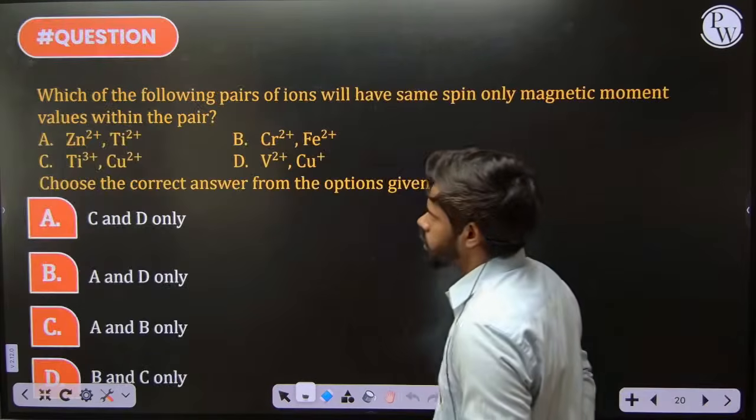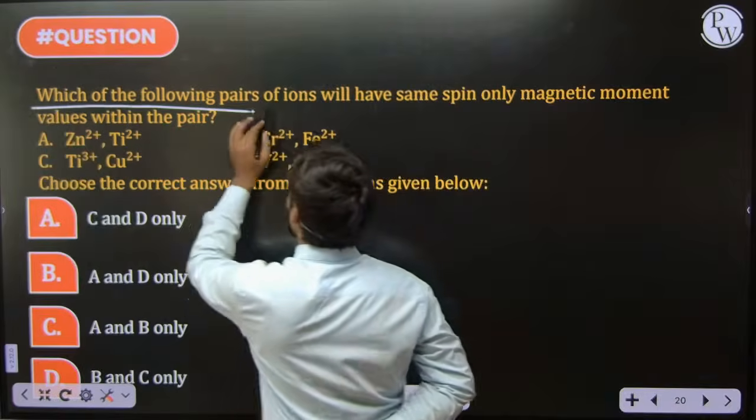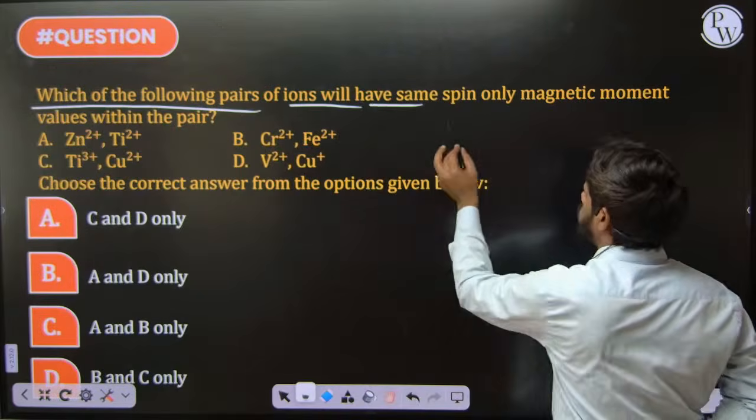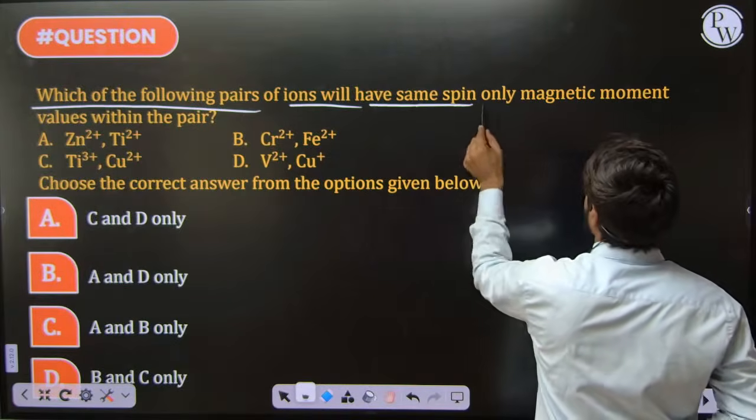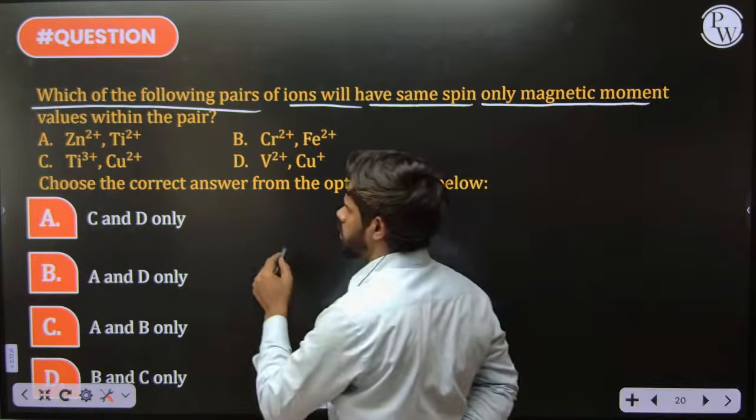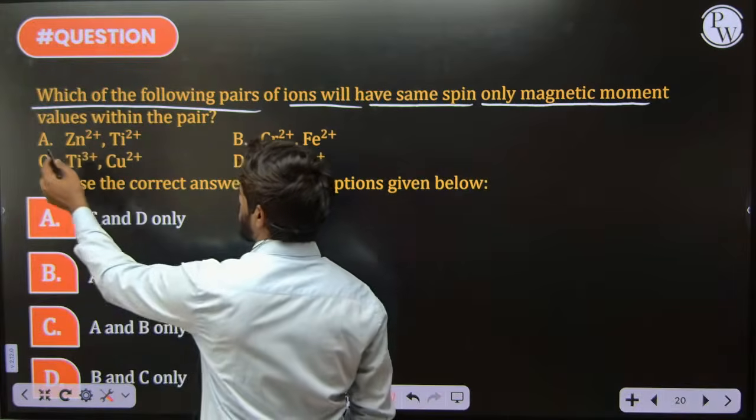Next, there is a question. Which of the following pairs of ions will have the same spin-only magnetic moment value? A pair is given.